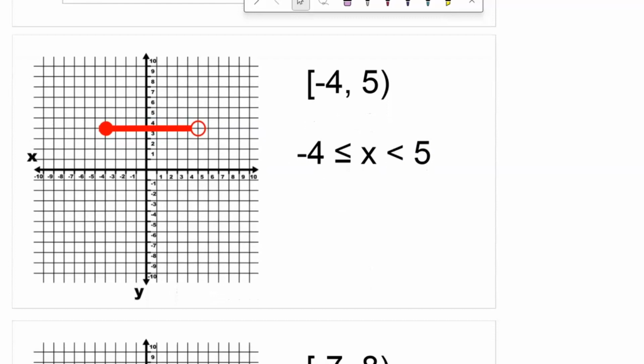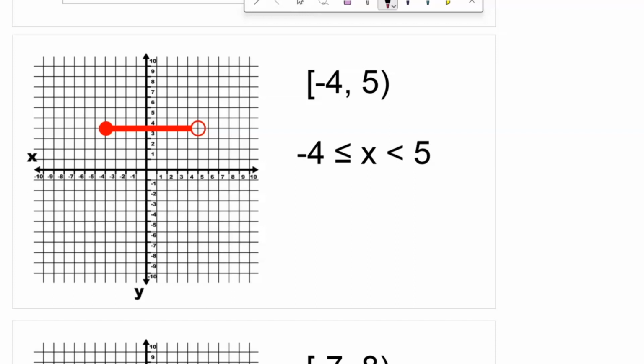So here is an example of a graph. I have this line here. On the left side, we have a closed circle. On the right side, we have an open circle. If I were to write the domain here, I have a couple of different examples of how you could write that. The domain goes from -4 to 5.